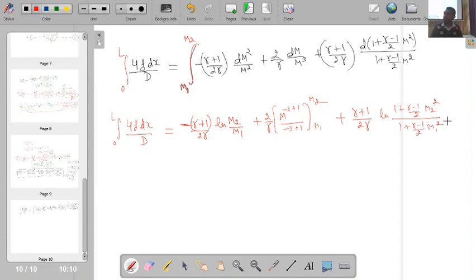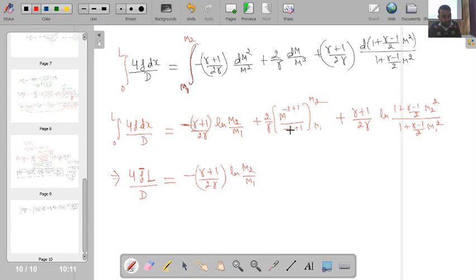Okay. And finally what I can do, I can write in place of 4f, say f bar, the average friction factor, times L upon D, which will be equal to minus of (gamma plus 1) by 2 gamma times ln of M2 by M1.